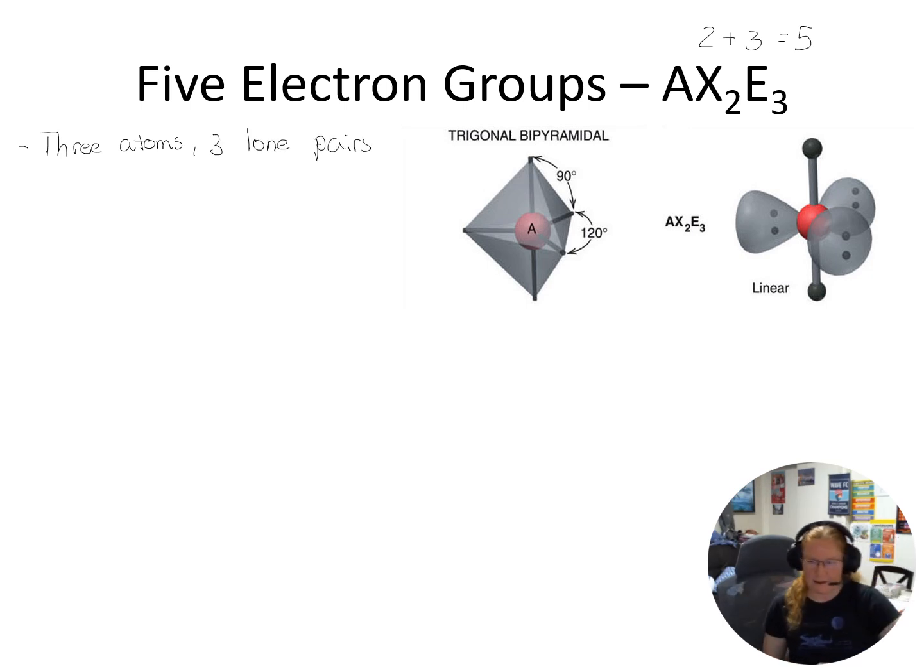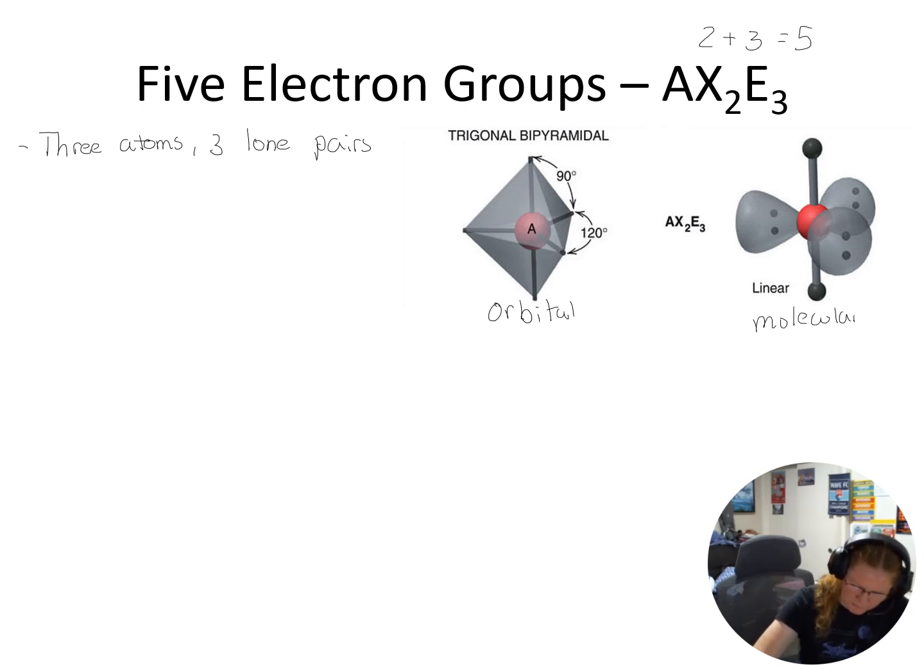Okay, and so still 5 groups, so this is still my orbital. And this is my molecular. So the shape now, that molecular geometry, is linear. It's a straight line, with lone pairs all around that equatorial region.